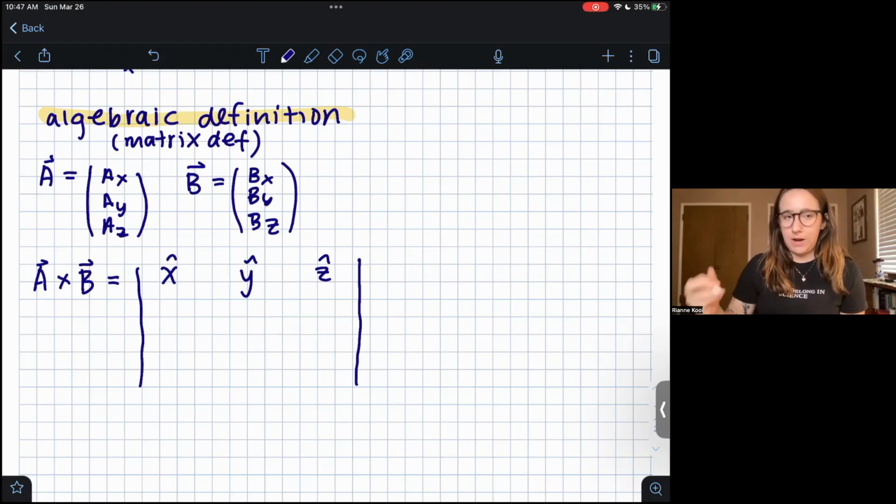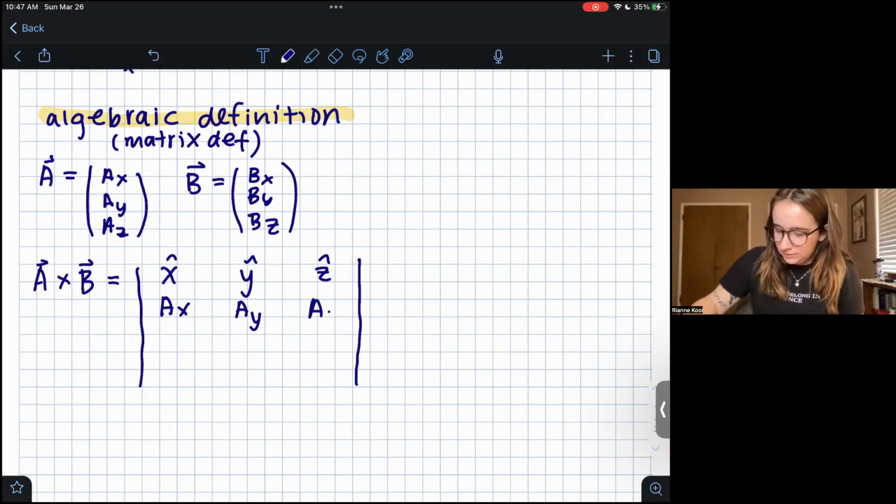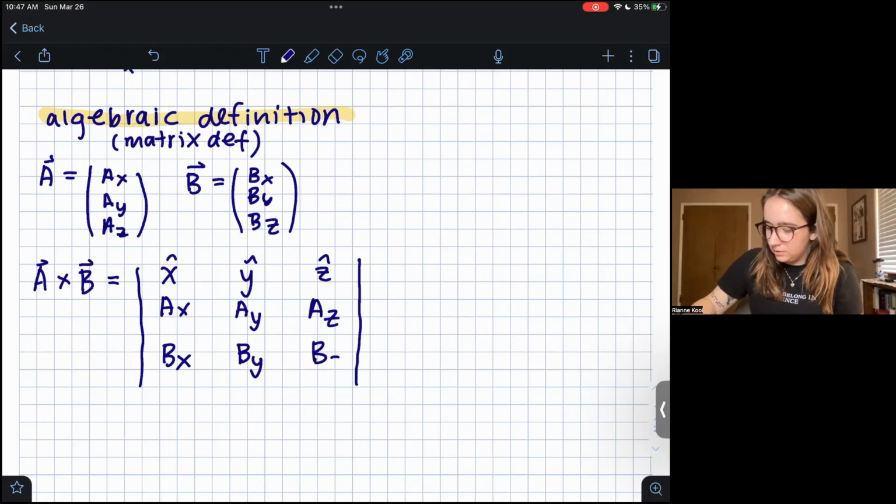So for example, for A, we have an AX term in the X direction, and then we have an AY term in the Y direction and an AZ in the Z direction. And we can do the same thing for B. So we have a BX, a BY, and a BZ.